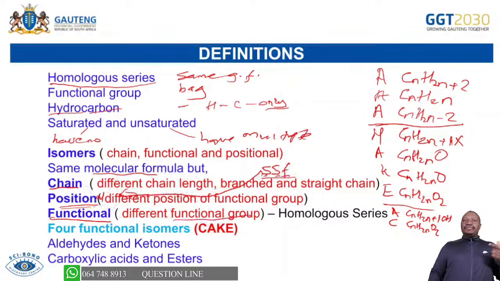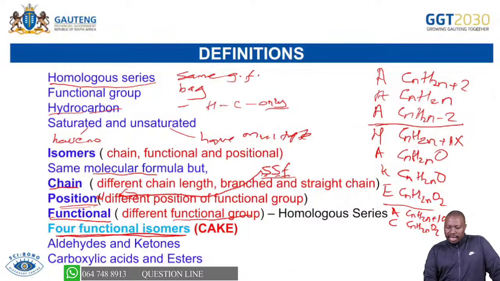And then we've summarized these functional isomers as cake, to say it is carboxylic acid and ester. Because why? Because they have 2 oxygens. We have agreed all of them is CnH2nO2.